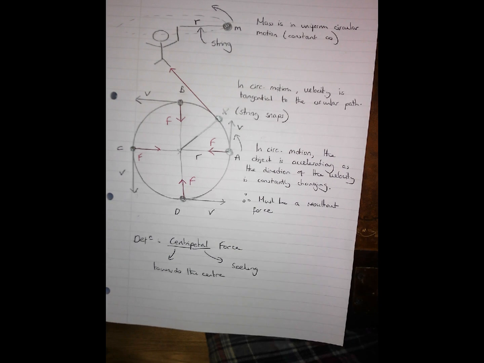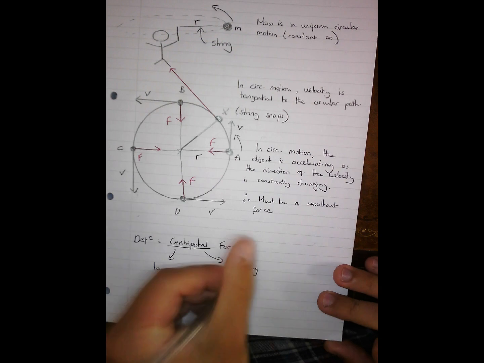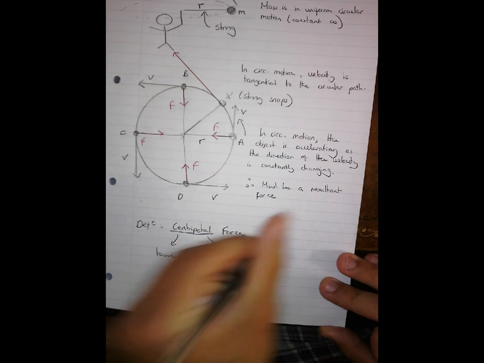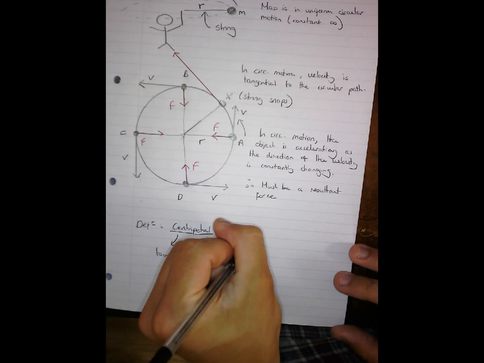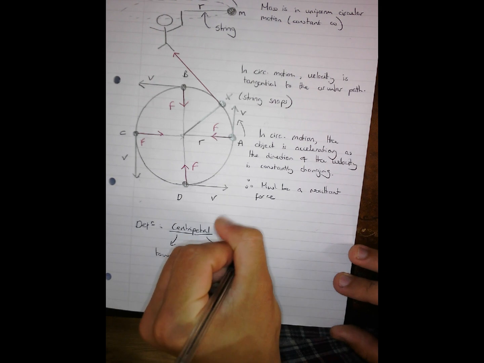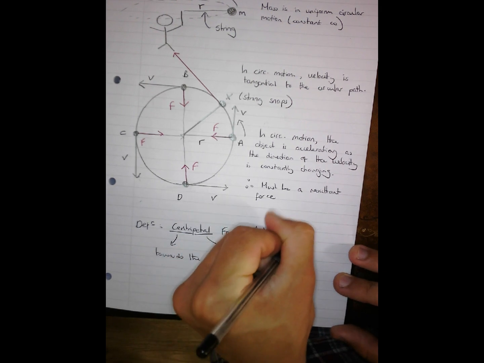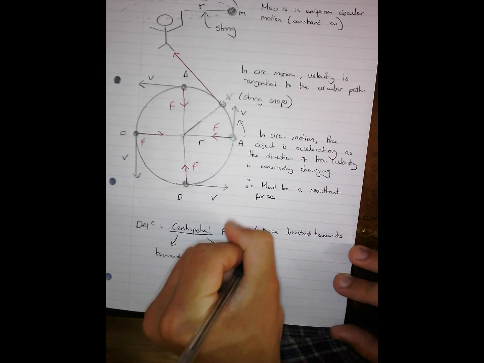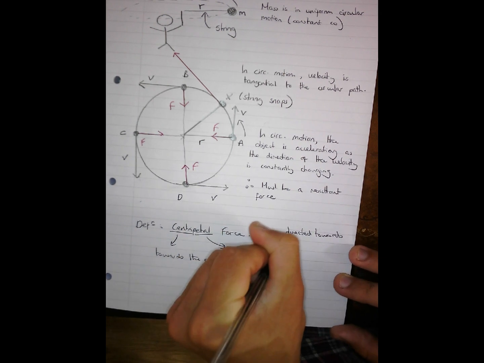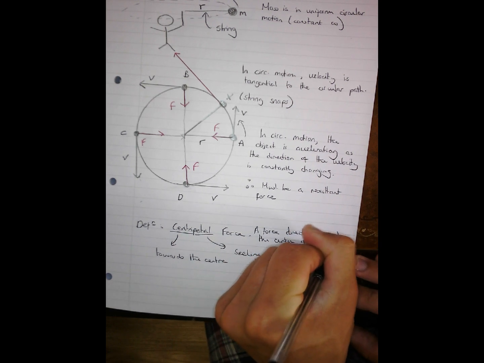So a centripetal force is a centre-seeking force. A force, in other words, directed towards the centre of a circle. So I'll put that here. Force directed towards the centre of a circle or circular path.